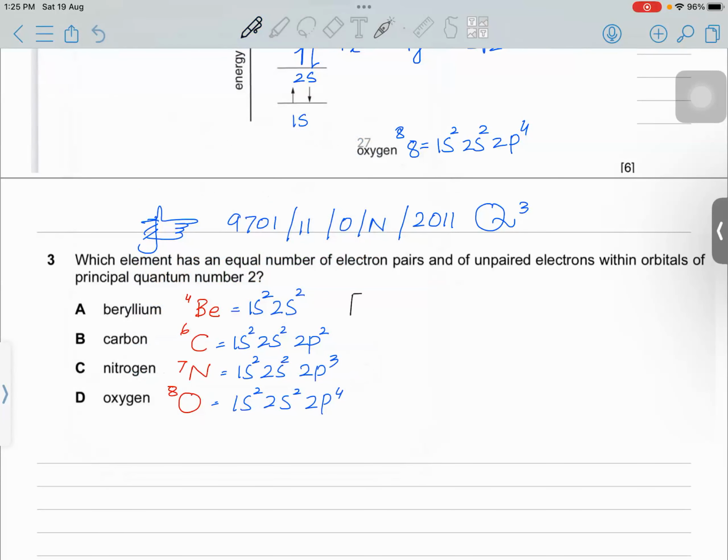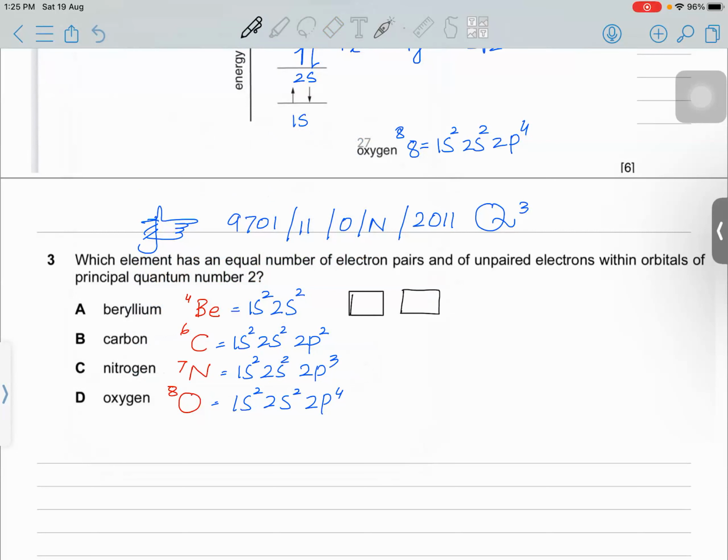Now it has 1s, it has 2s. What do they mean by principal quantum number two? As we have discussed, principal quantum number means shell.